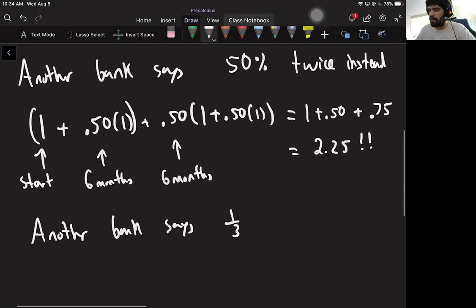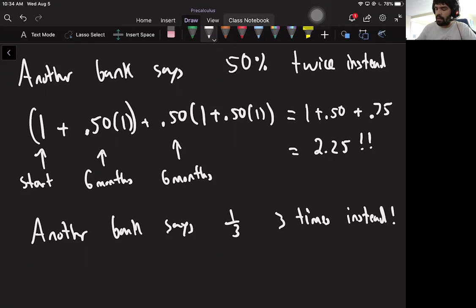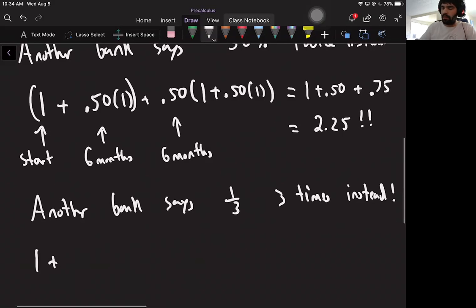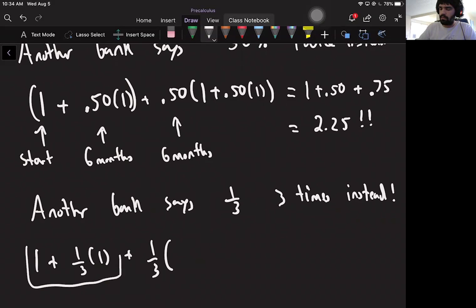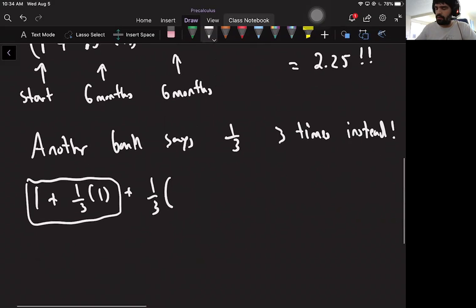So now we're saying 1/3 3 times instead. So now what we have is our starting dollar plus 1/3 of that dollar plus 1/3 of that previous amount at the next third of the year.